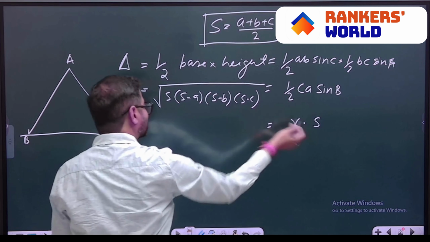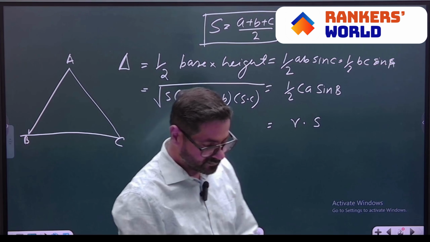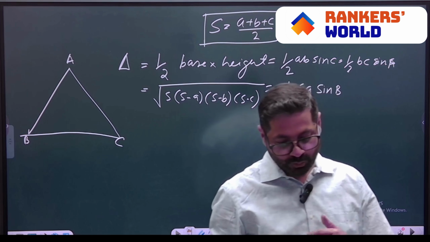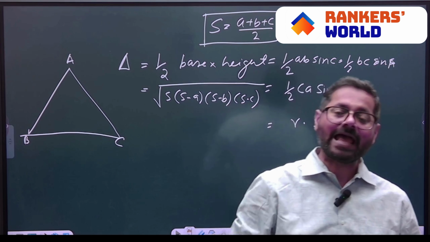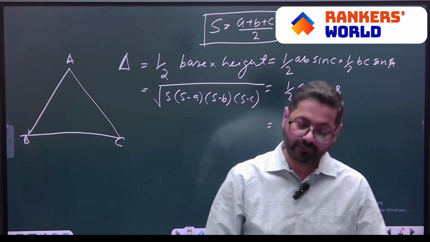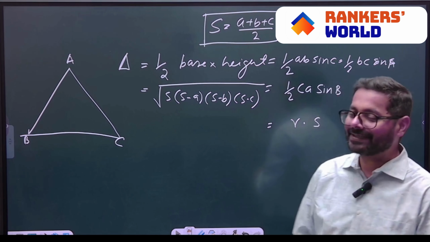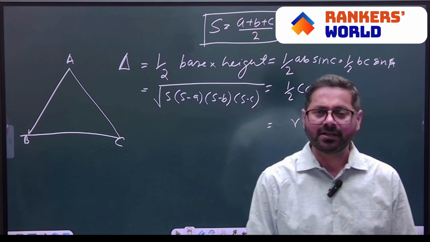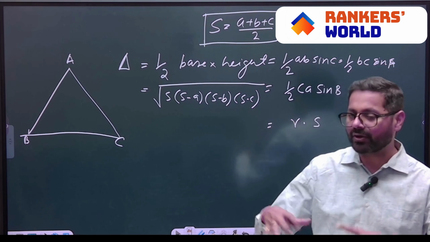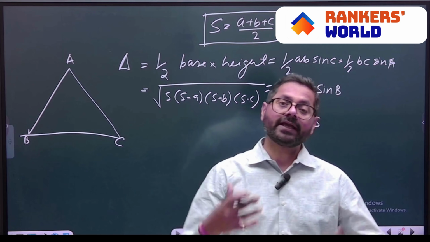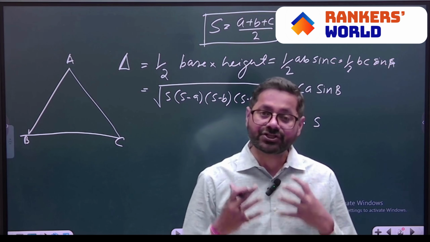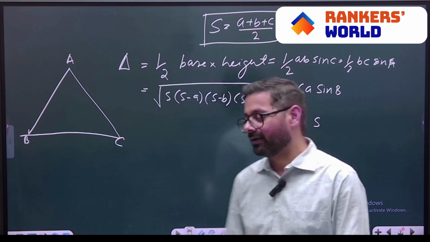This S and this S is the same. So I need to remember and learn logically each and every area concept. Obviously, we'll have a detailed explanation for this, but right now I'm just trying to give you what all the area formulae exist for a triangle.